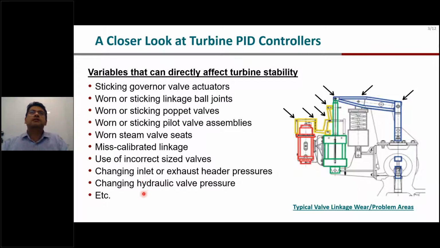And last but not least is the hydraulic pressure that goes to the valve itself. If there are any impurities in the hydraulic pressure, all of this causes instability within your turbine, and we need to accommodate for that.